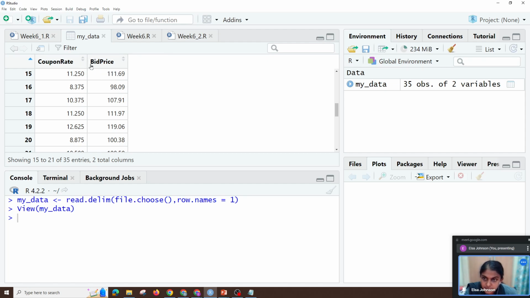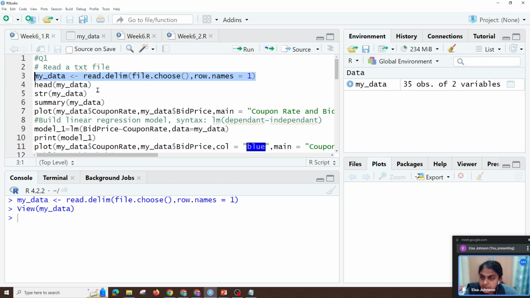In this one, the bid price will depend on the coupon rate. So here we'll take the x value or the independent variable as the coupon rate and the dependent one as the bid price. So we have first read this data.